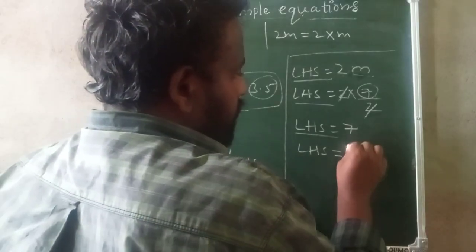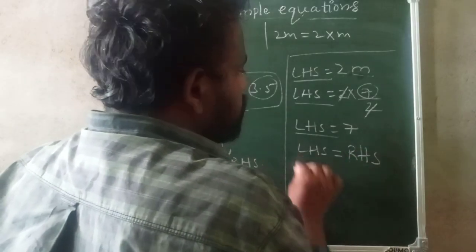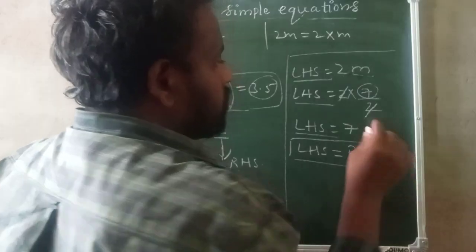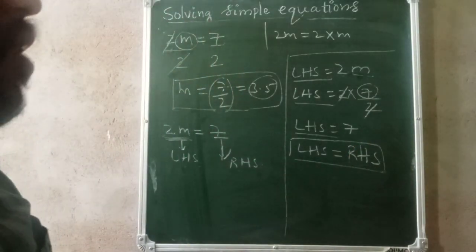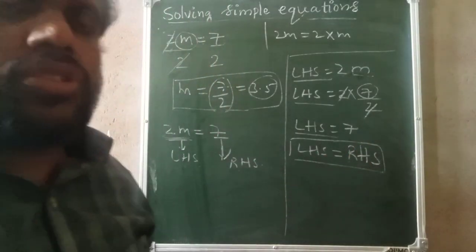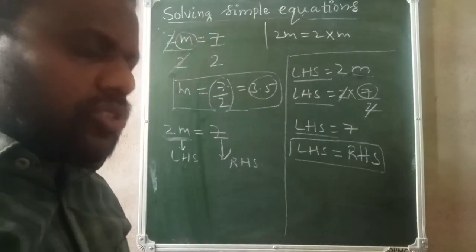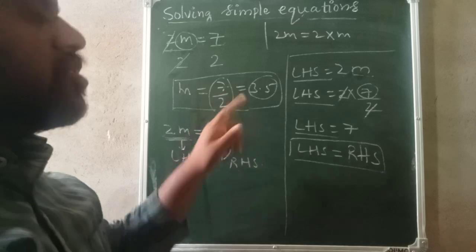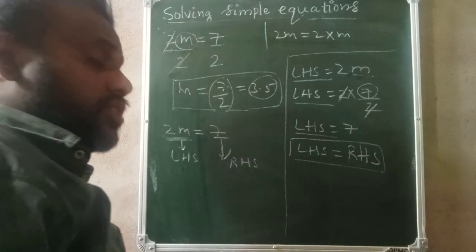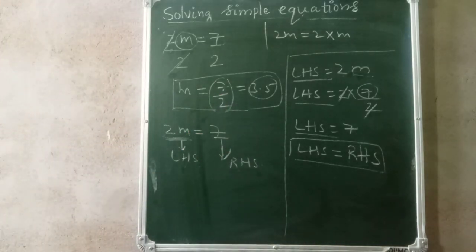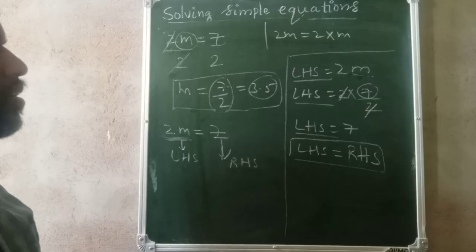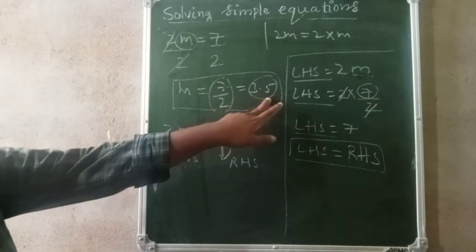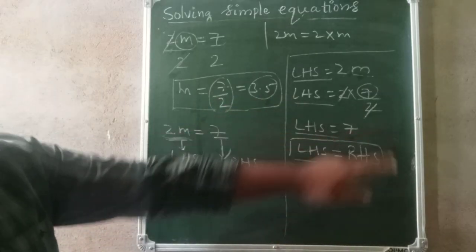So for 7 I will write RHS. See, we got LHS is equal to RHS. When LHS is equal to RHS, that means this answer is correct. M is equal to 7 by 2 or M is equal to 3.5. So both are correct. Instead of 7 by 2, if you use 3.5 also, we get same answer, 7.